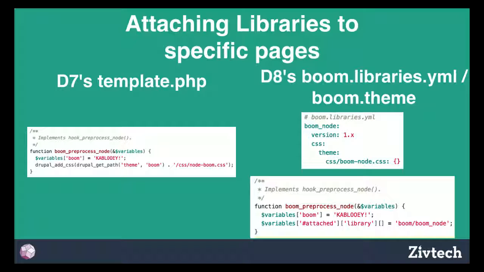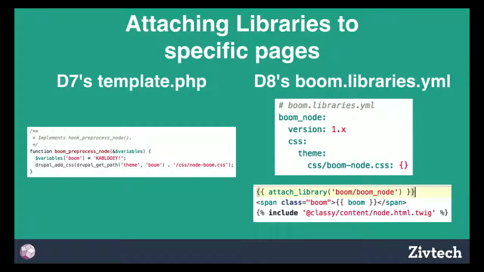And then here, this is adding another individual to make this example make a little more sense. Since this one's not global, if we had something that we wanted to add on nodes, we could define boom node, define our CSS file, and then in preprocess node, we can call attached library and tell it what libraries we want to pull in, and then that'll automatically be included.